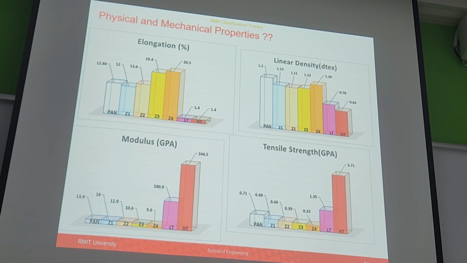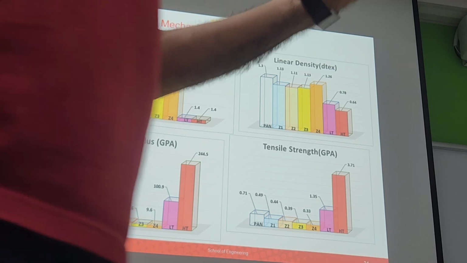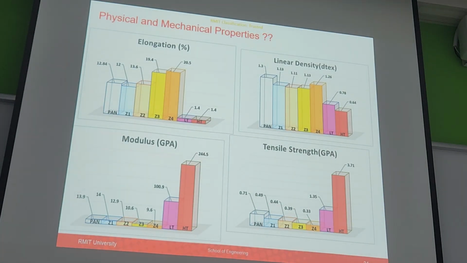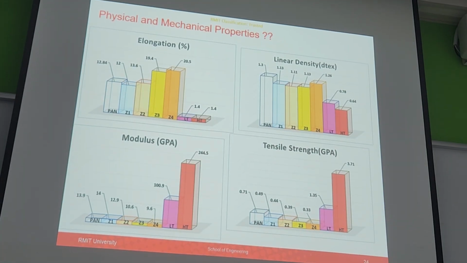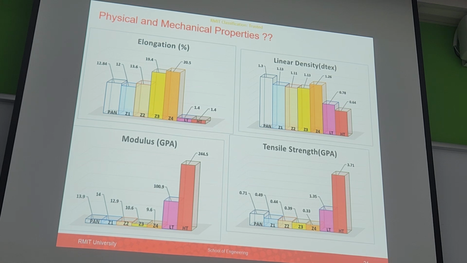Half, 10 times less than steel. So the new material we call carbon fiber is very strong, 10 times more than steel, and steel is a strong material, and the weight is 10 times less than steel.